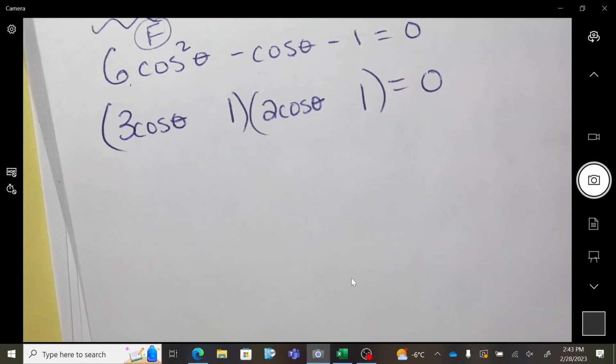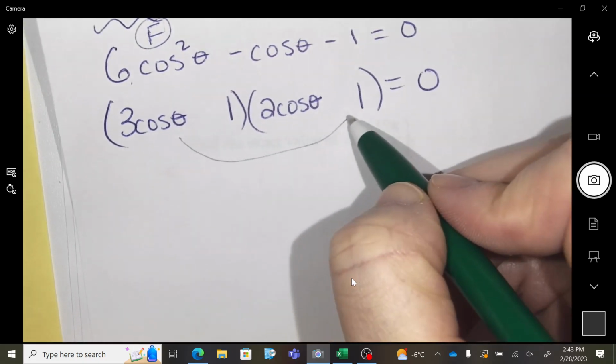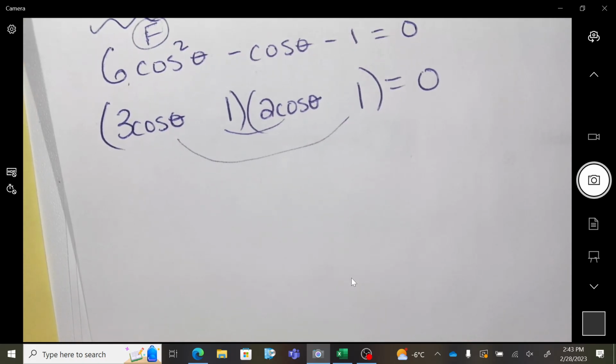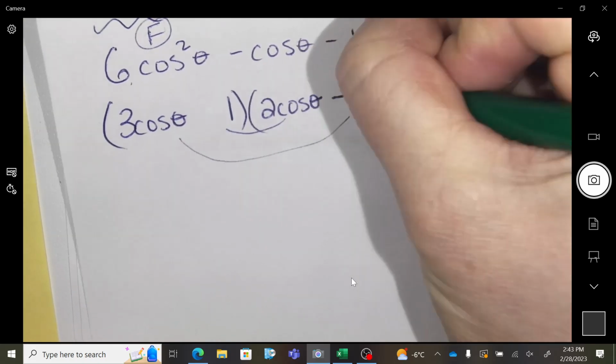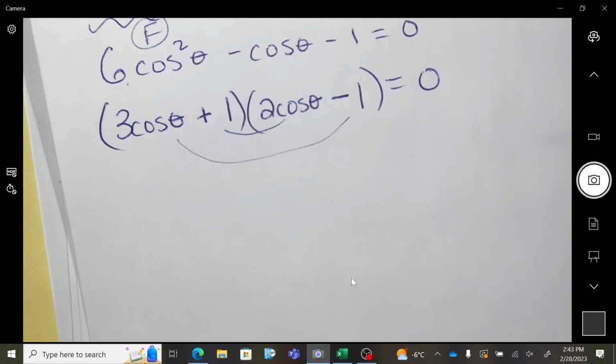So where do you put a negative and positive on this? Because of the FOIL has to make a -1. That's good. We got our FOIL to work out with our factoring. Check.